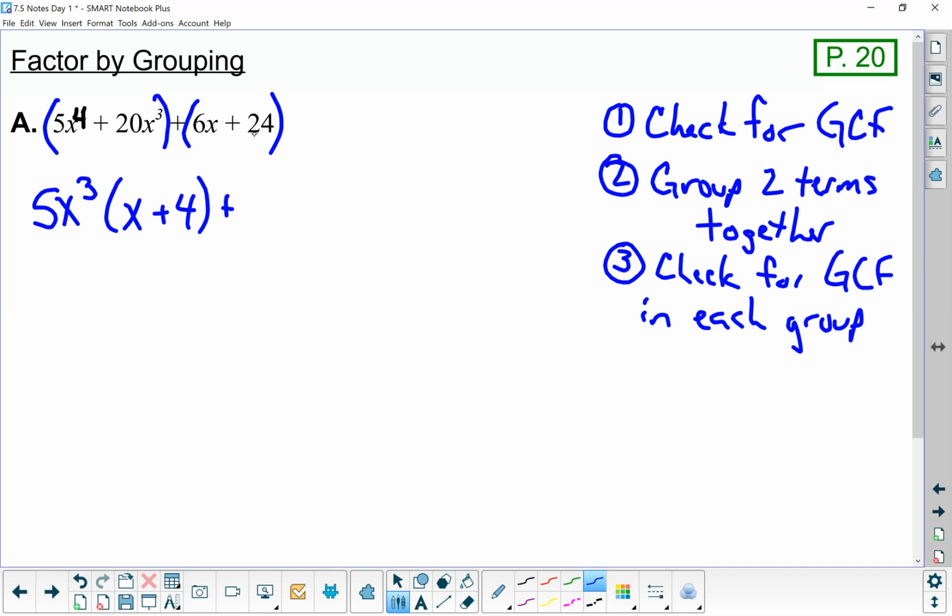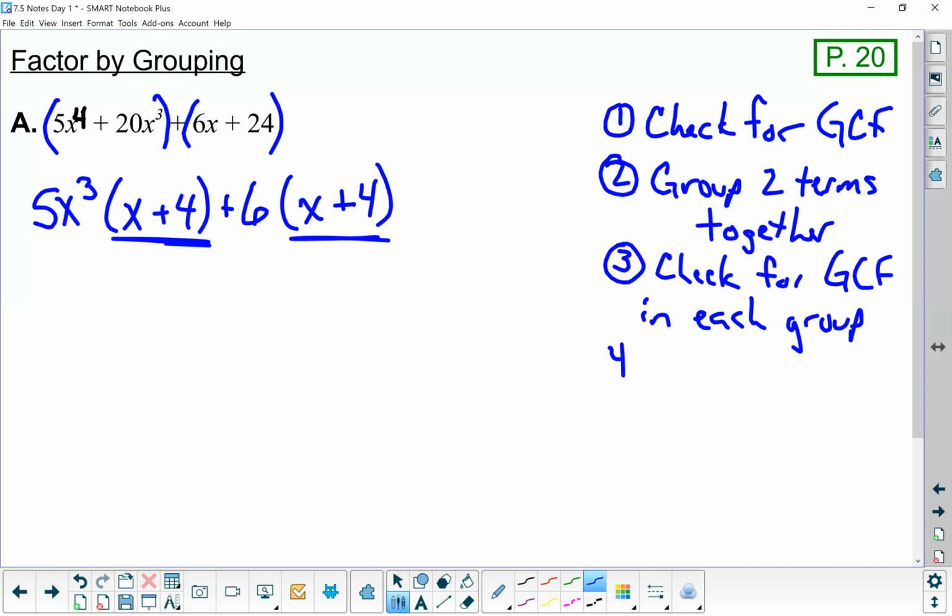Now look for a greatest common factor in our second set of terms. There will not be a variable in this one, but there is a number that evenly divides into both 6 and 24. And the largest number that divides into both is 6. 6x divided by 6 leaves us with x. 24 divided by 6 is 4. And you'll notice we have that x plus 4 in both terms there.